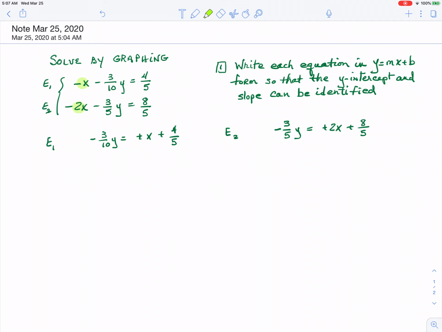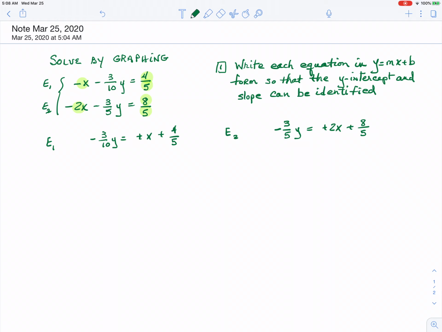And this 4/5 over here, if I double it, it's going to take me to that 8/5. So I'm guessing that something unusual is going on here. It's already looking to me like the second equation is just double the first equation. That should alert you that something unusual is happening.